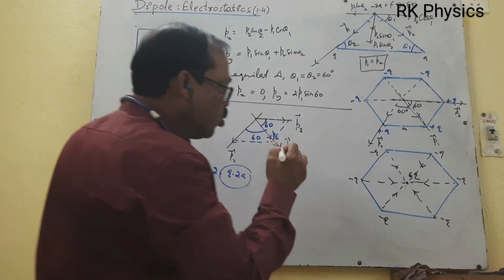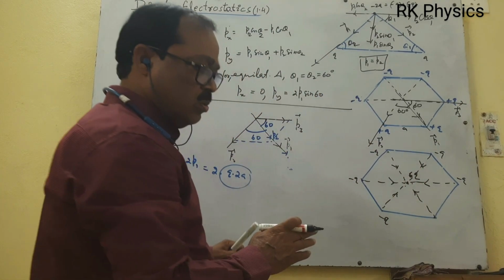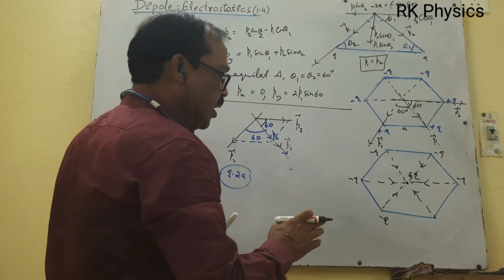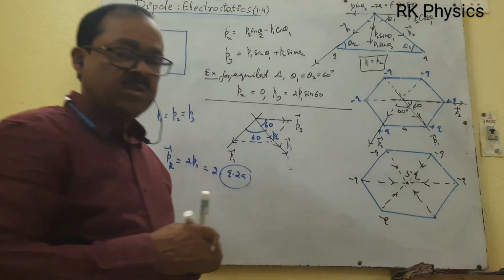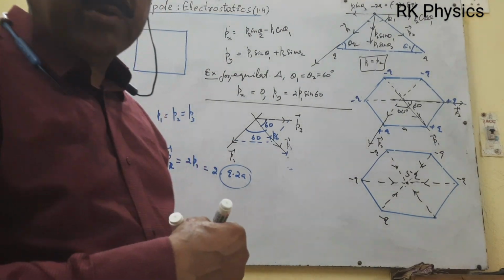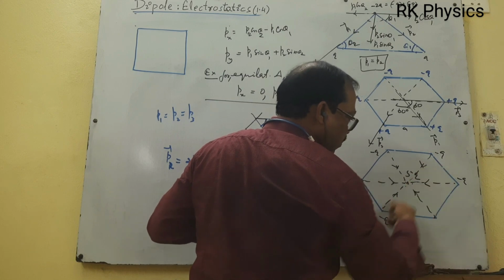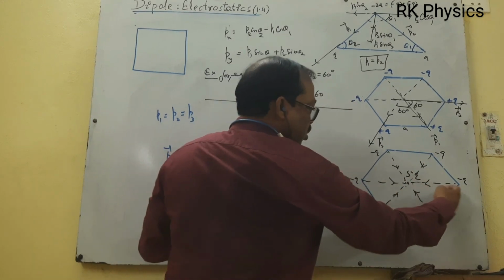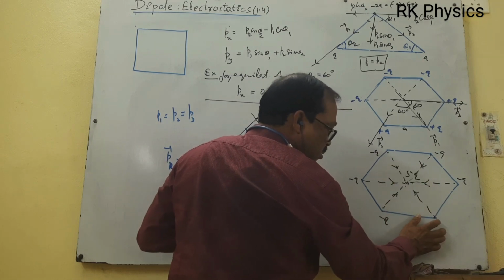Now if the question asks, suppose there are 5 negative charges and 5 positive charges at the center, then what is the resultant dipole moment? Along this direction the dipole moment is 0, along this direction the dipole moment is 0, but along this direction there is no charge.